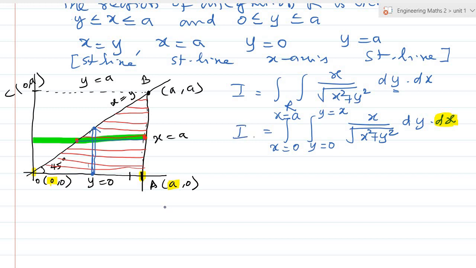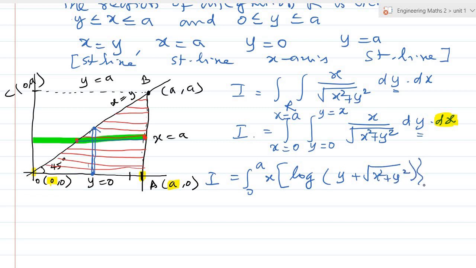Now we can integrate it. I equals the integral over 0 to a. First you have to integrate with respect to y. If you integrate with respect to y, x is temporarily constant. Then 1 by root of x square plus y square integrates to log of y plus root of x square plus y square, and the limit is y equal to 0 to y equal to x, dx.